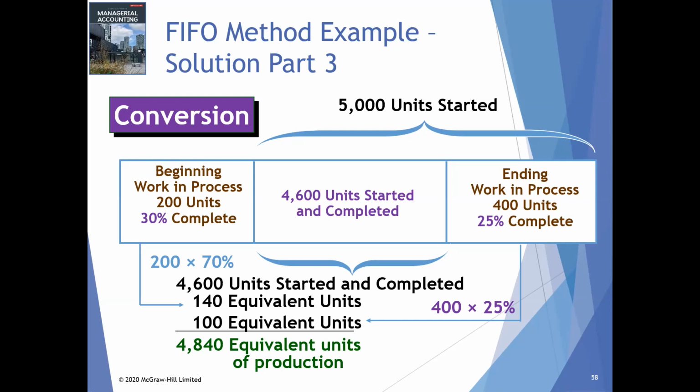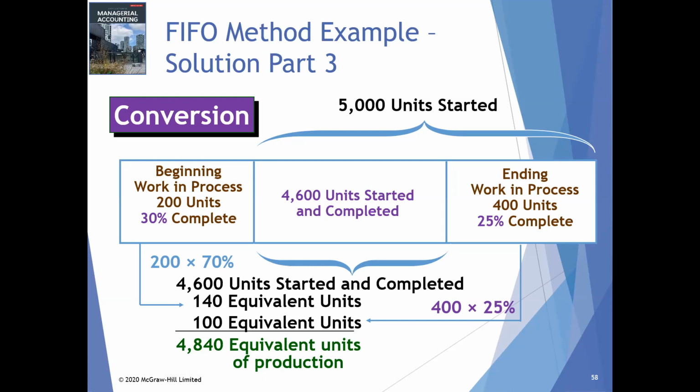Why have we calculated this? We know that the units started at the beginning of the month have definitely been finished up. At the very beginning only 30% was completed, but 70% was completed for this particular period. That's why we calculated 70% of 200, that is 140.